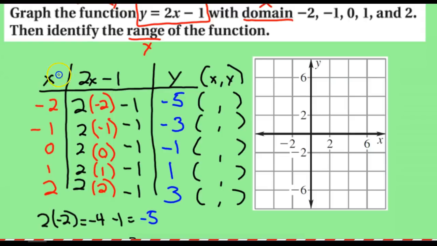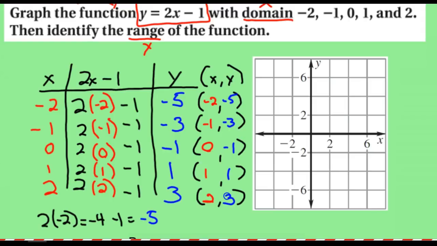Our x are going to be the domain, these numbers: -2, -1, 0, 1, and 2. The range are going to be our y numbers, or the y's are going to be in this column: -5, -3, -1, 1, and 3.